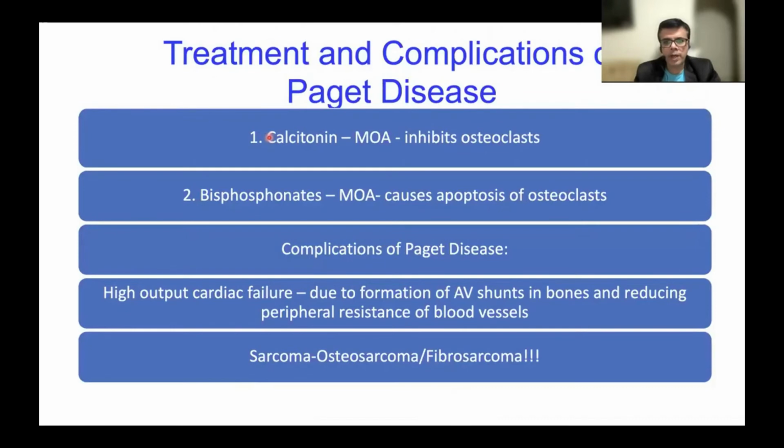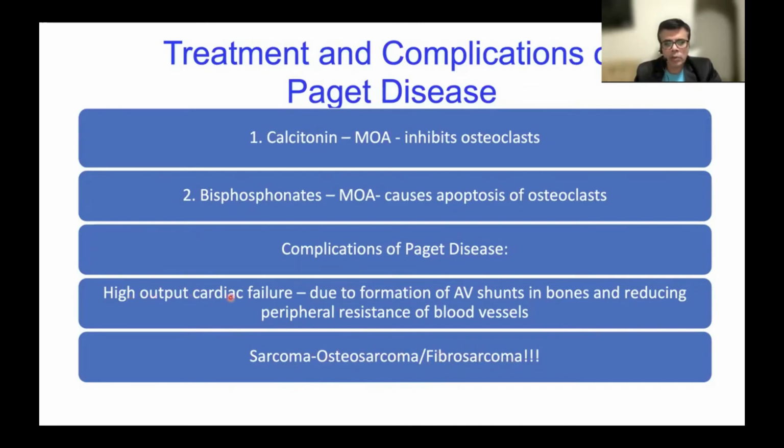Coming to the treatment and complications of Paget's disease. Treatment includes calcitonin, which inhibits the osteoclasts. Bisphosphonates can be given, which cause apoptosis of osteoclasts. It causes the osteoclasts to be exhausted, so thereby it keeps the osteoclasts in check. Now the complications of Paget's disease. The clear-cut complication is the development of sarcoma, mostly osteosarcoma with very high risk, and in some cases even fibrosarcoma.